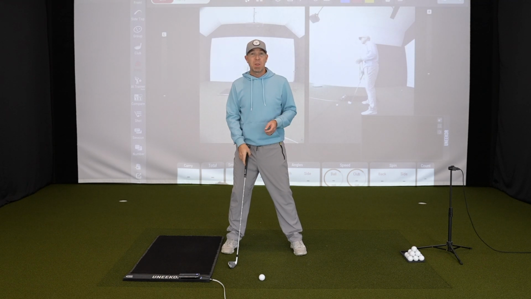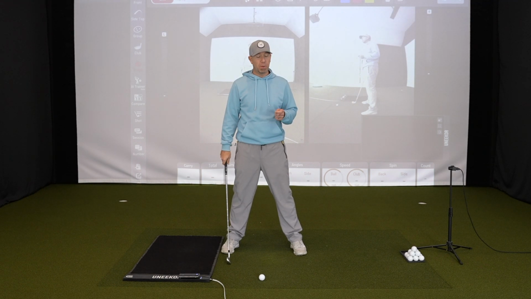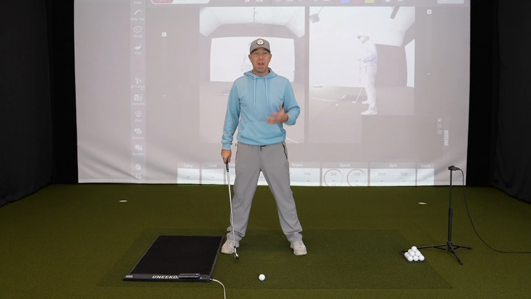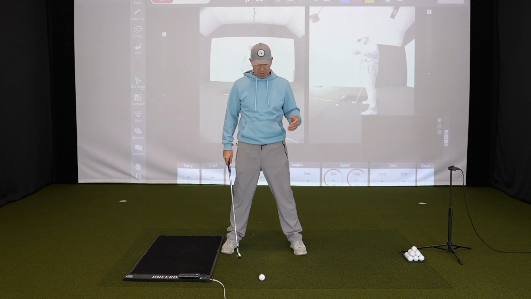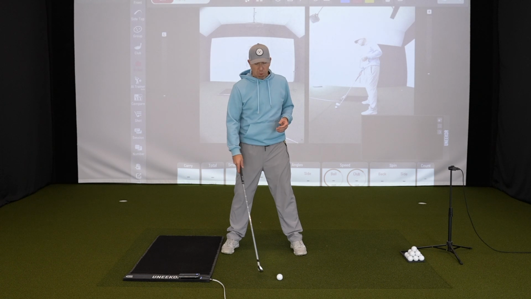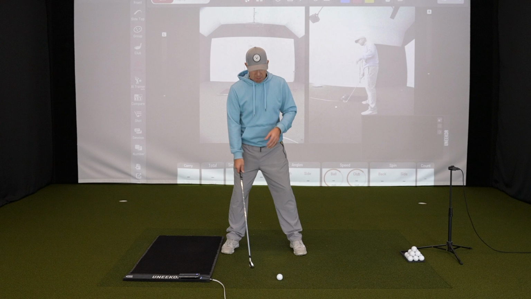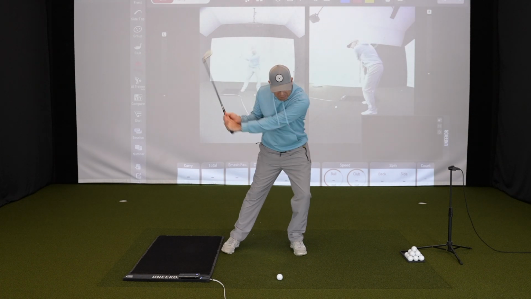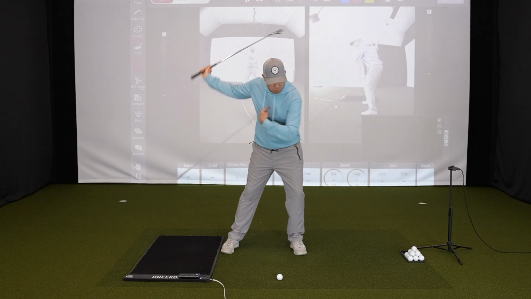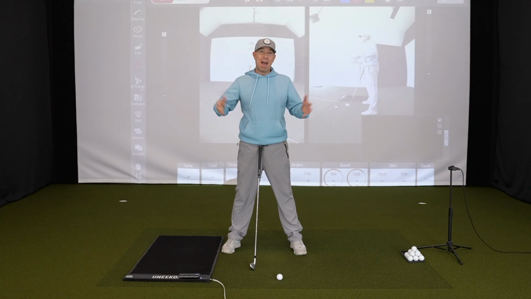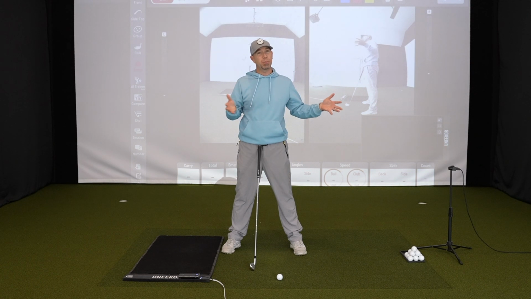And the second thing that happens when a player has too wide of a stance, and this goes for irons or drivers, the ball position, relatively speaking, gets moved more forwards. Why? Because the body is moving forwards to begin with. So in order to mathematically and geometrically hit the ball and get the club back to a halfway decent position, you have to move the ball forward to match the circle of the swing that you're producing.